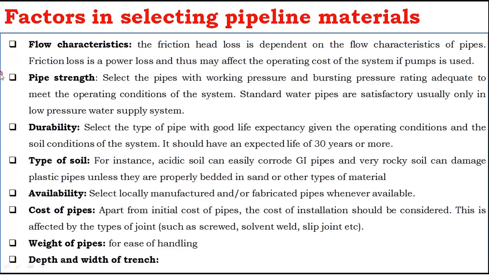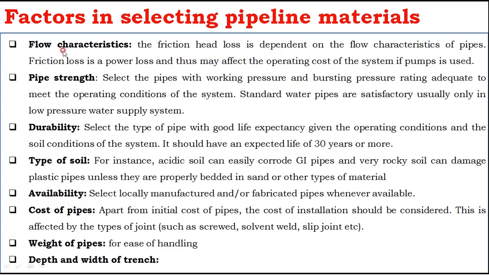As I said, some soils are acidic in nature, some are alkaline, some are neutral, some are chemically mixed. When they come in contact with some metal pipes, they will create some reaction and cause corrosion. To avoid that, you need to take care of that also.